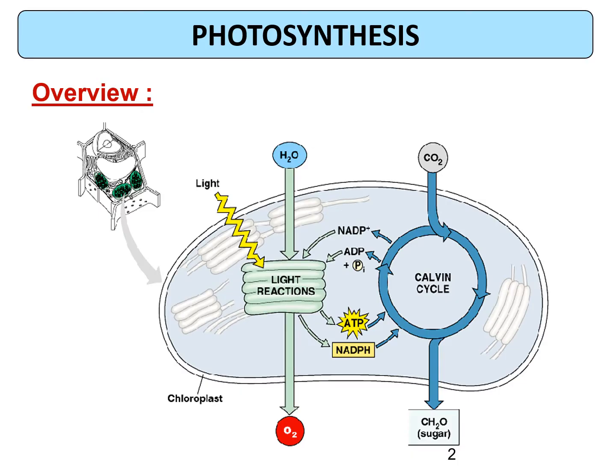This is where photosynthesis occurs in the chloroplast. There are two reactions involved in photosynthesis: the light-dependent reaction, which occurs at the thylakoid membrane, and also the light-independent reaction, which occurs in the stroma.